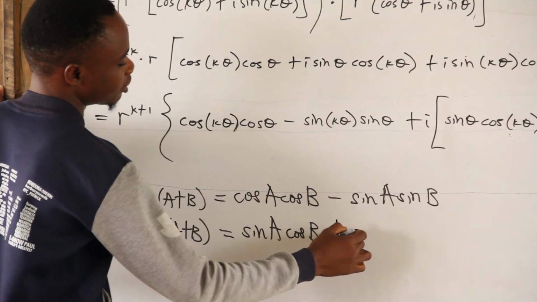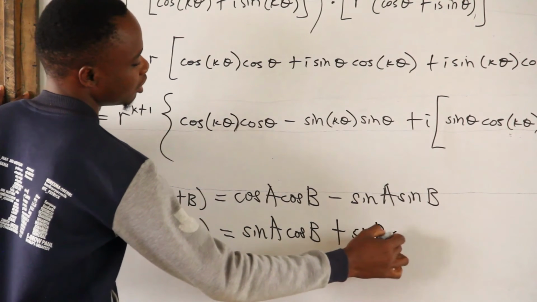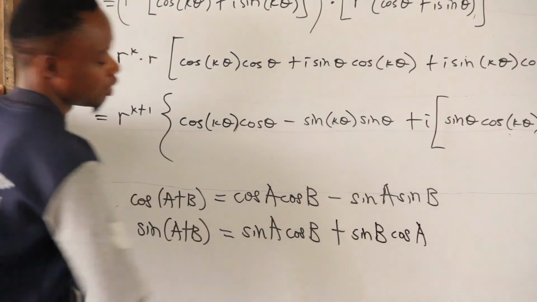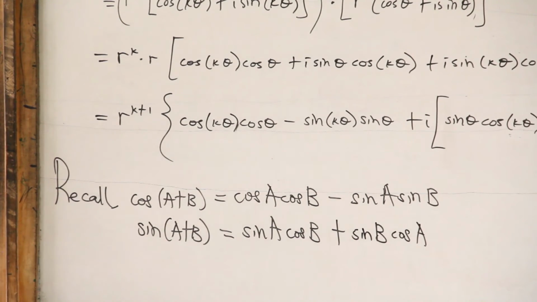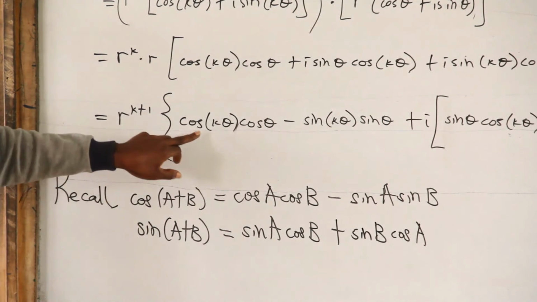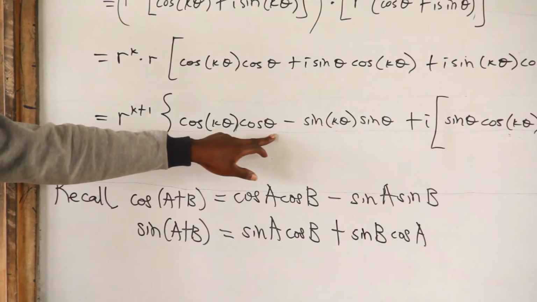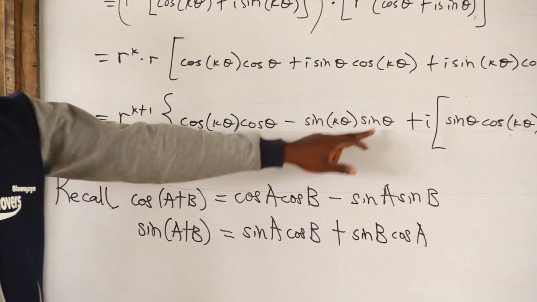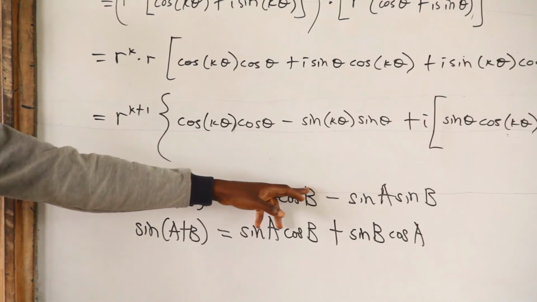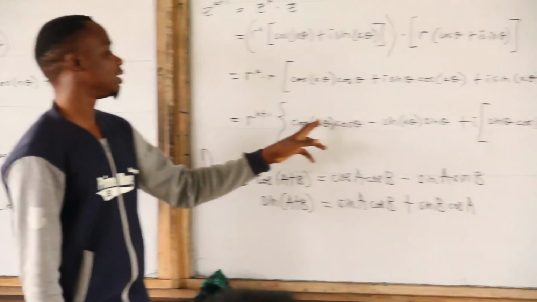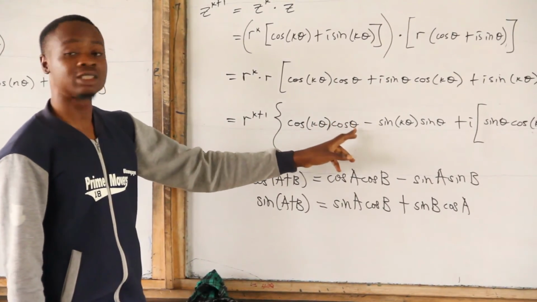Can you remember this? So that's going to give us what? You can see what we have here is cos k theta cos theta minus sine k theta sine theta. So that's like cos A plus B. That's the same thing as cos of k theta plus theta.